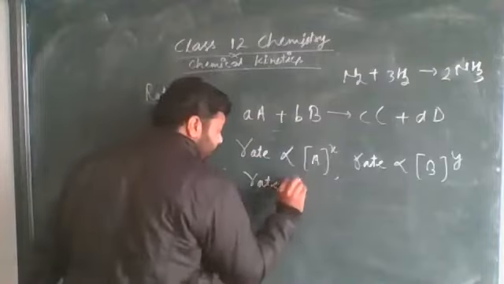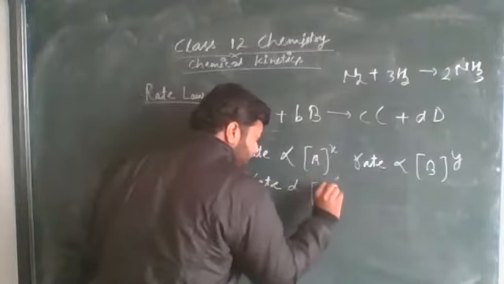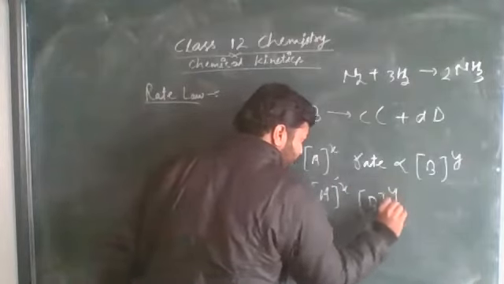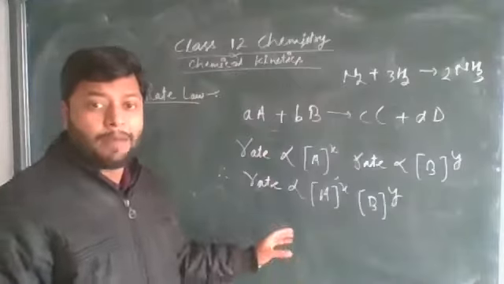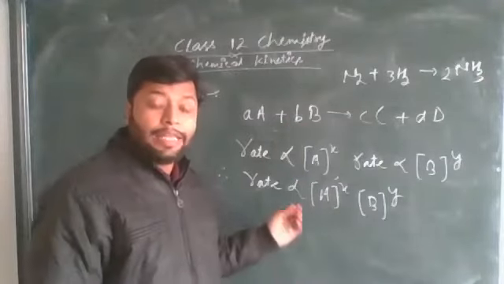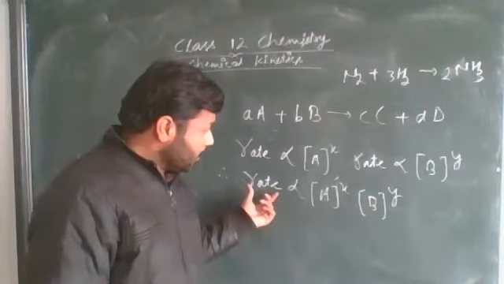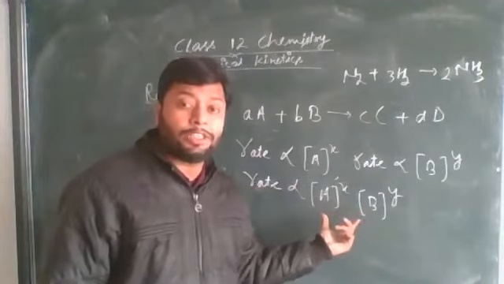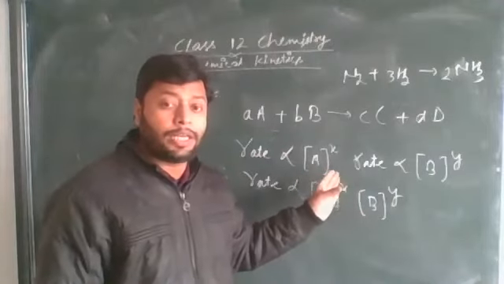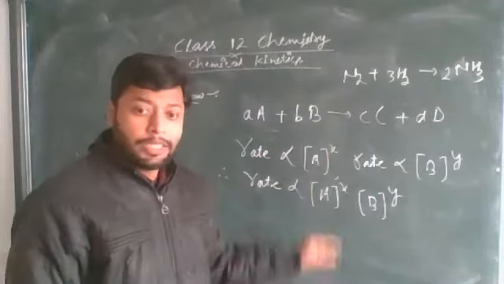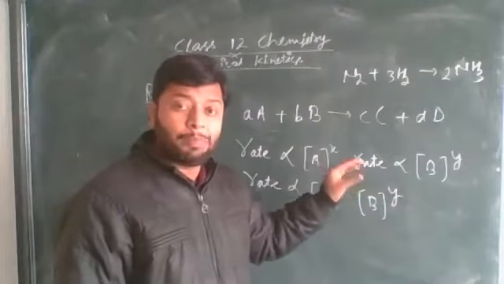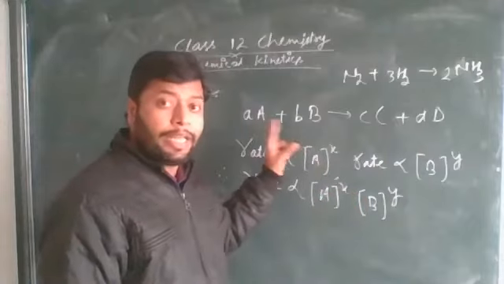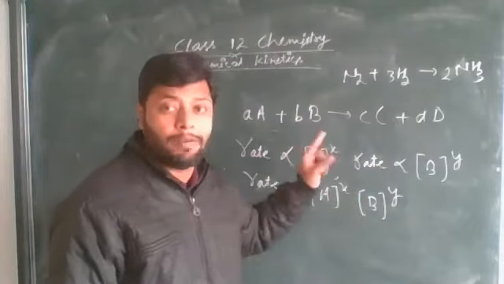It means, in conclusion, the rate of reaction of any generally given reaction is proportional to the product of the molar concentrations of reactants raised to some powers. These x and y are experimentally determined values, which may be equal to a and b or may not be equal to a and b.